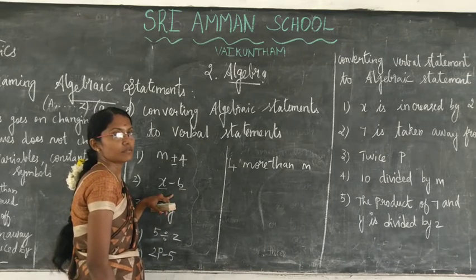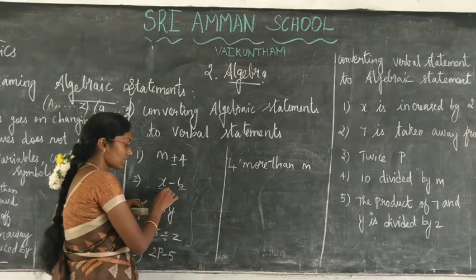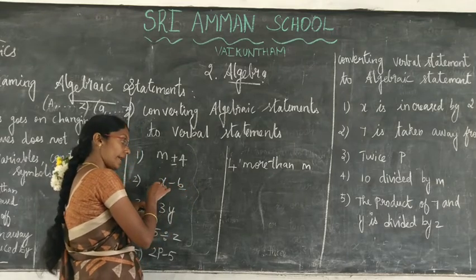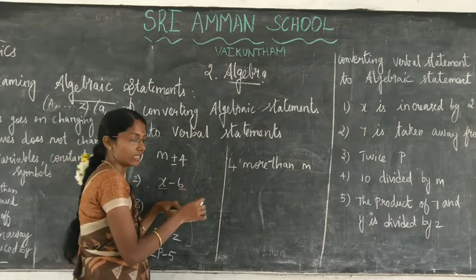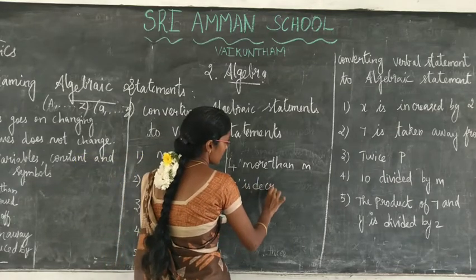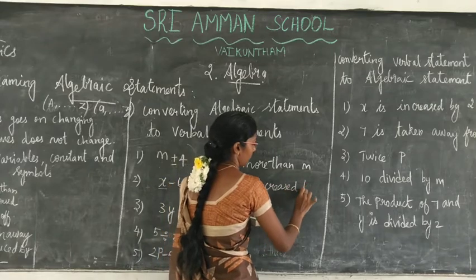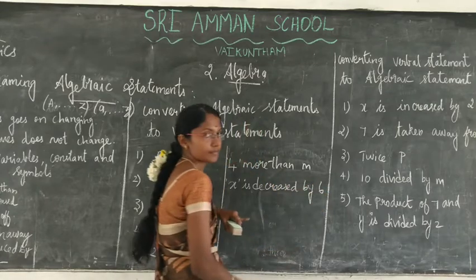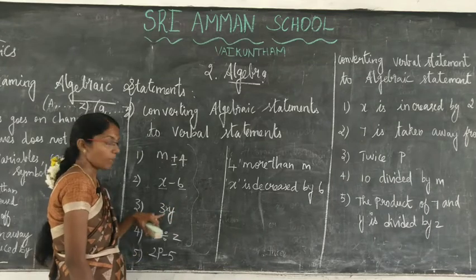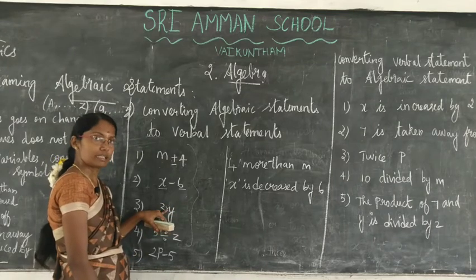Next one, x minus 6. How will you write? x is reduced by 6 or x is decreased by 6. Next one, product, multiple.